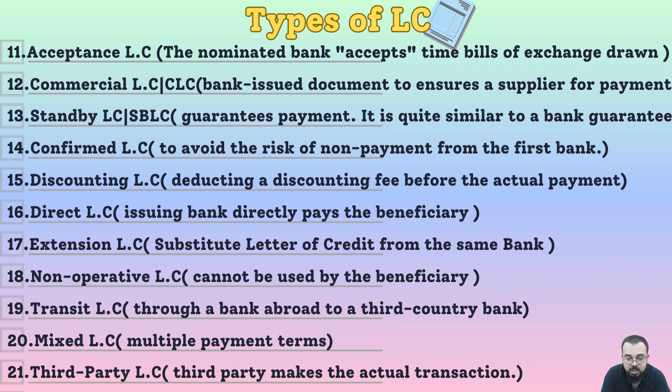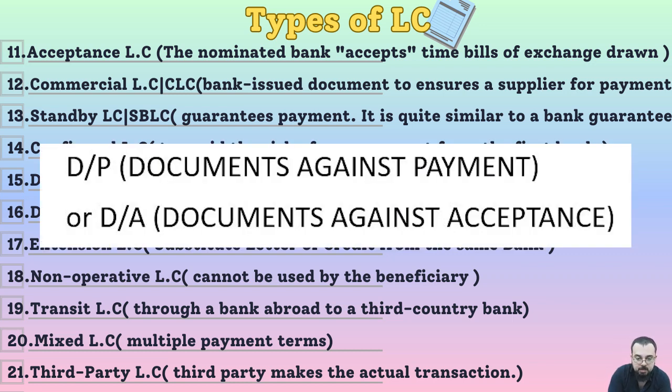Bill of exchange has its own definitions and words, but sometimes those words are used in the LC process, for instance DP, or documents against payment, or DA, documents against acceptance. So it will be better if you learn the bill of exchange process and the words to prevent misunderstanding in your commercial negotiation.